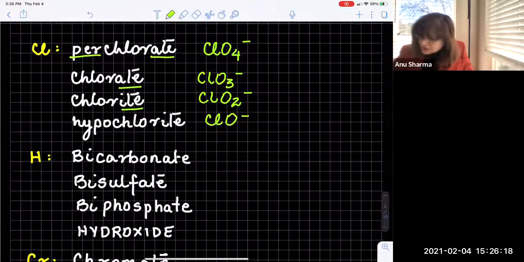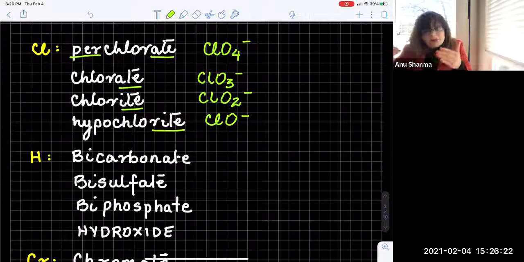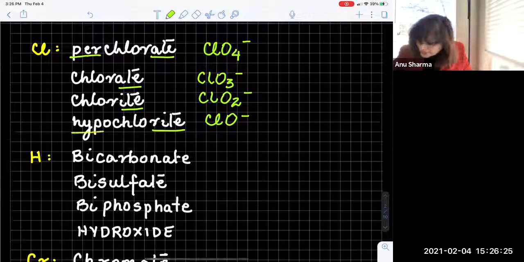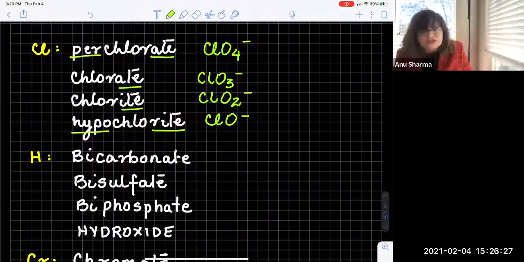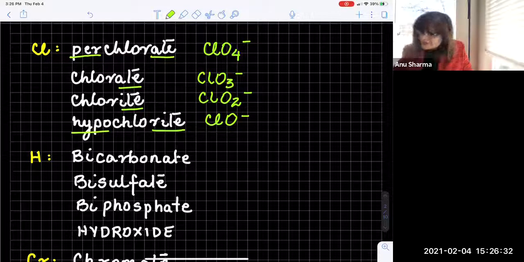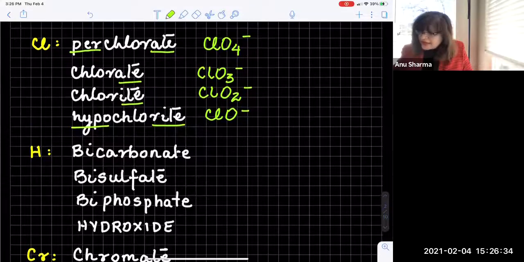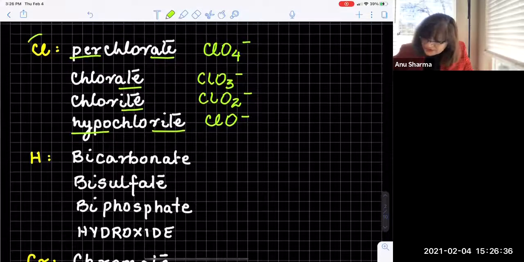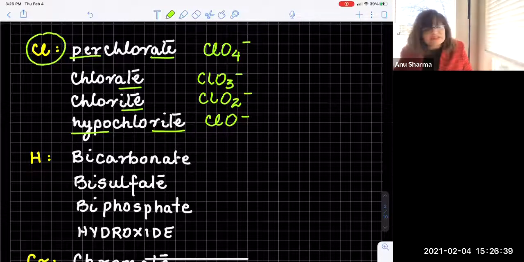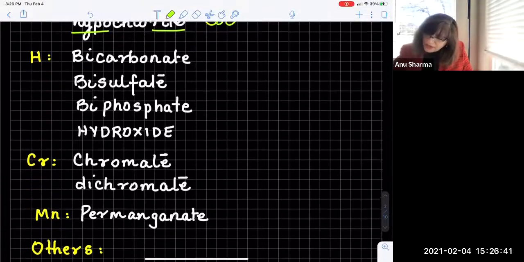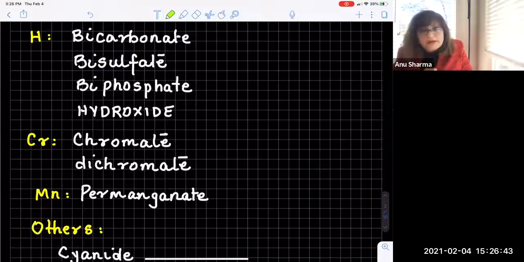So this one was also discovered, and they said, okay, it is lower than the lowest oxidation state, hypochlorite. This is how you name them, and all this is relevant to every single atom. With time and practice, you get a hang of it and you remember them. The more you write and practice, the more you get it.